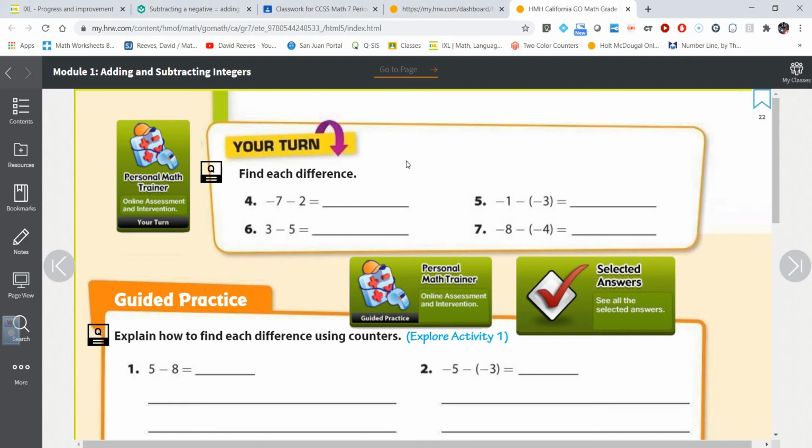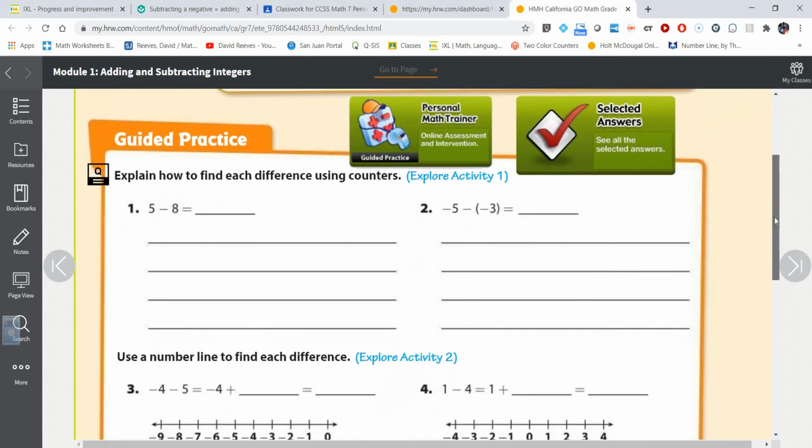Then I worked out some examples on the number line and counters. And then today I'm just going to be working through some different problems, and we're going to be using the idea that subtraction is equivalent to adding the opposite. All right, so that's what we're going to be doing.